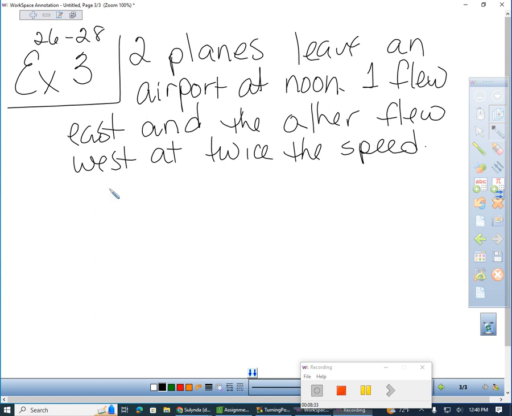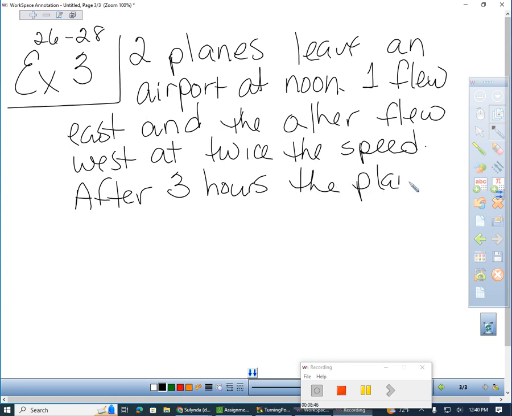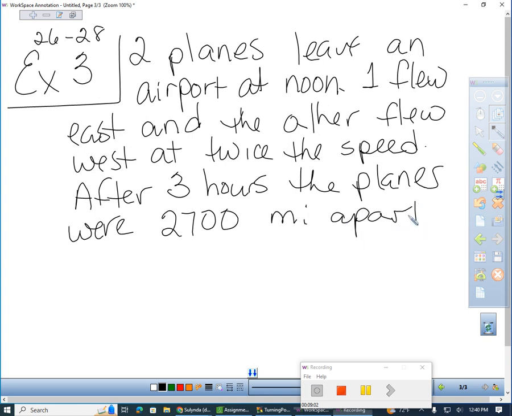After 3 hours, the planes were 2,700 miles apart. How fast was each plane?